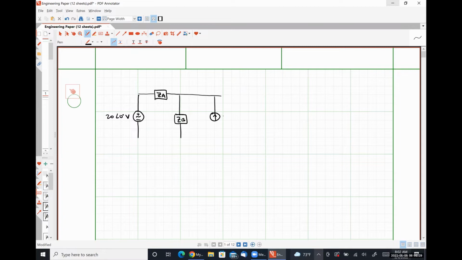Put a current source here that is 2 angle 10 degrees amps. Call this ZC. This ZD. And this voltage source will be 12 angle 45 degrees volts over here.